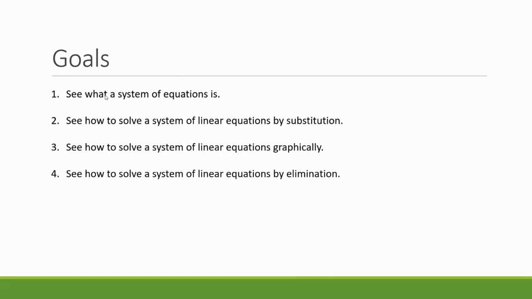In this chapter, first we're going to see what a system of equations is. We're only going to focus on linear equations. Remember, that's when the variables' exponents are 1. So you're not going to have x squared, you're just going to have x in there. We're going to see how to solve a system of such equations 3 different ways.